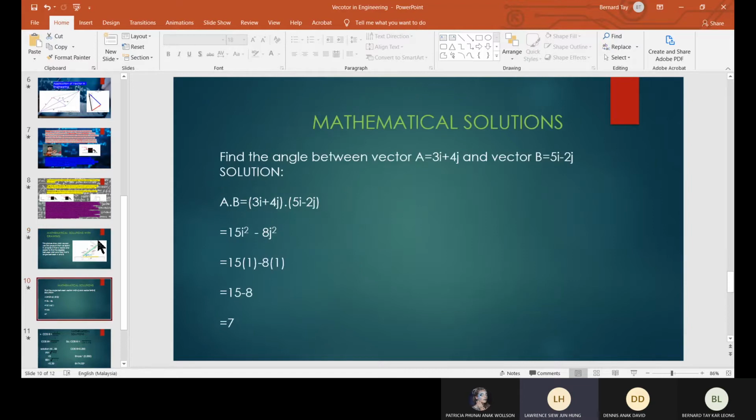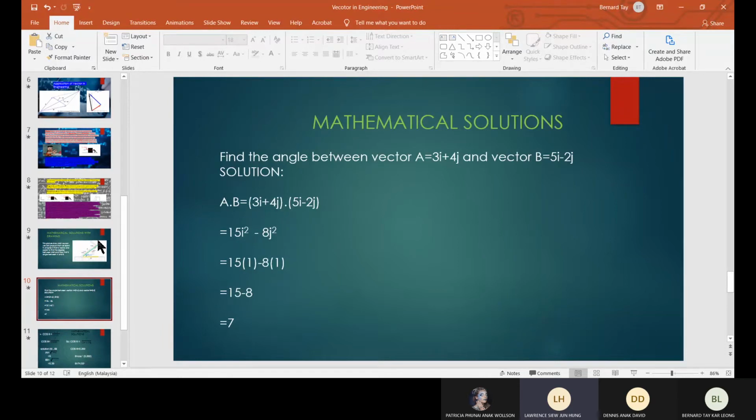Solution: vector A is 3i plus 4j and vector B is 5i minus 2j. A dot B equals open bracket 3i plus 4j close bracket dot open bracket 5i minus 2j close bracket. The dot means times.